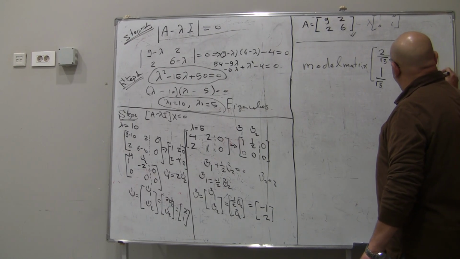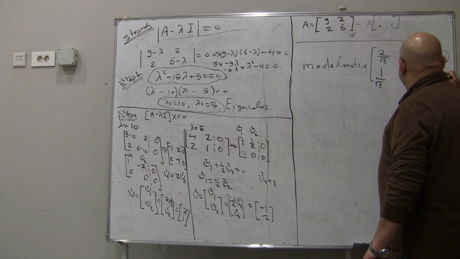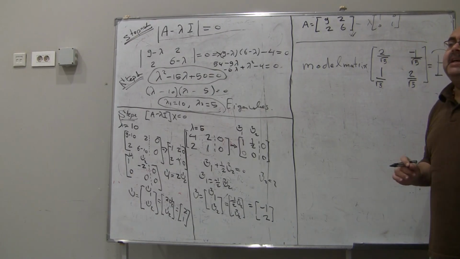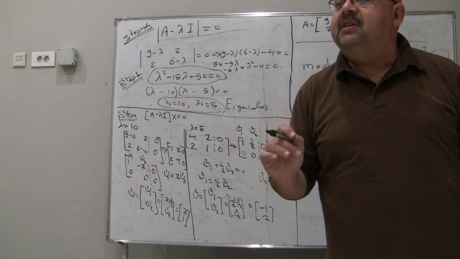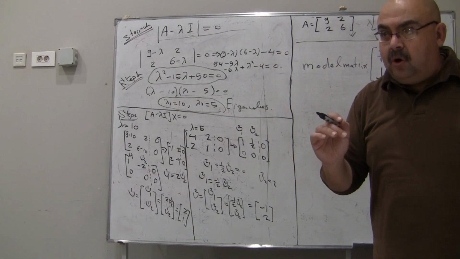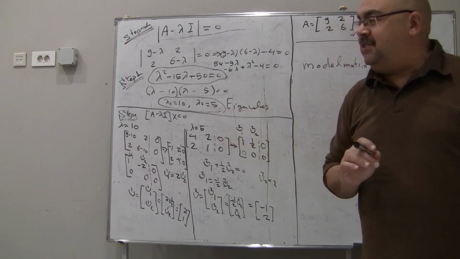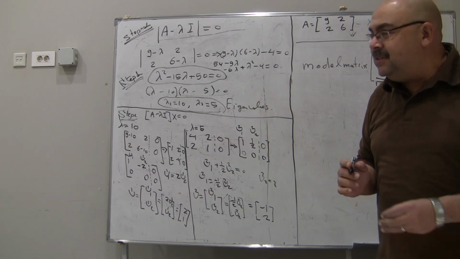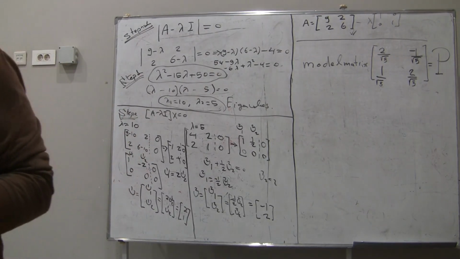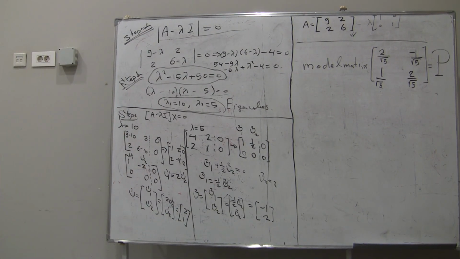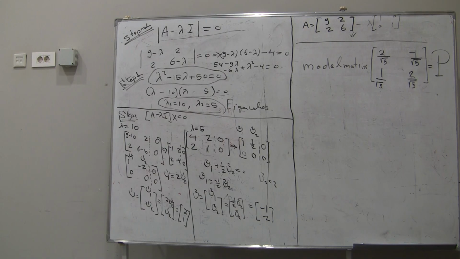This matrix, we will call it B. And this matrix has a very unique property, that its inverse is the transpose of this matrix. It's an orthogonal matrix. Once you are dealing with a symmetric matrix at the beginning, the transpose is the inverse.